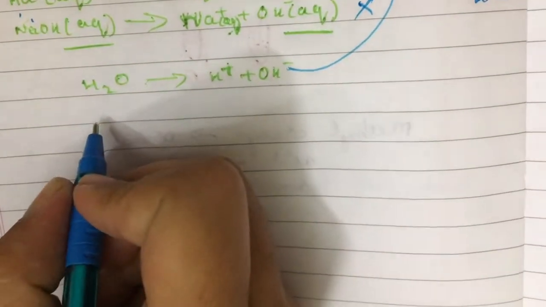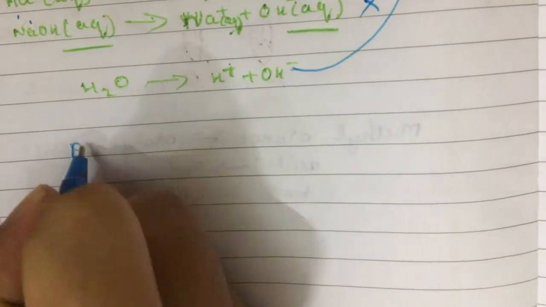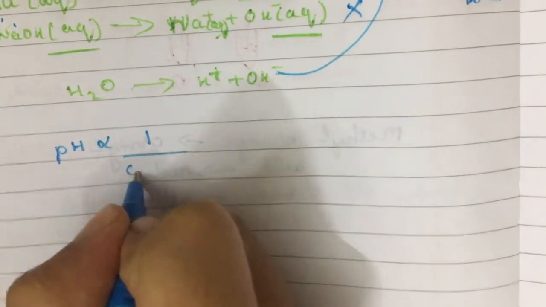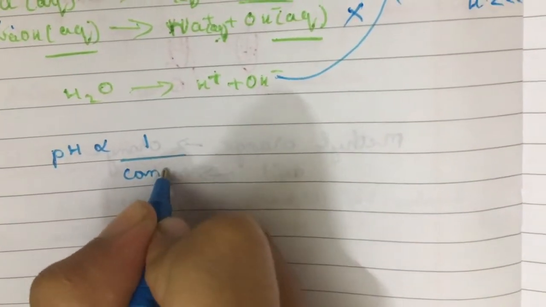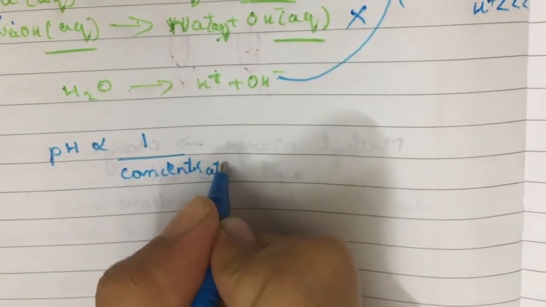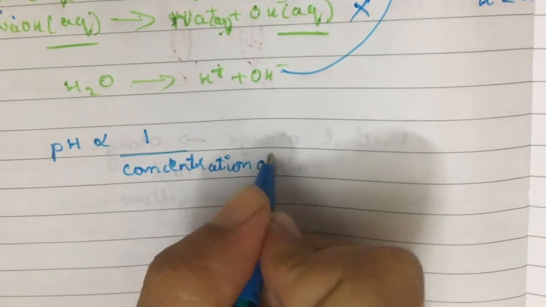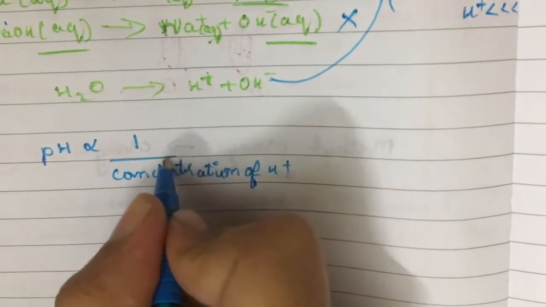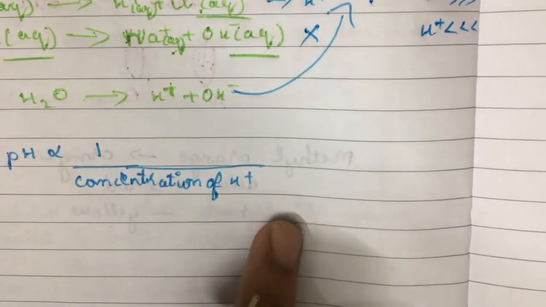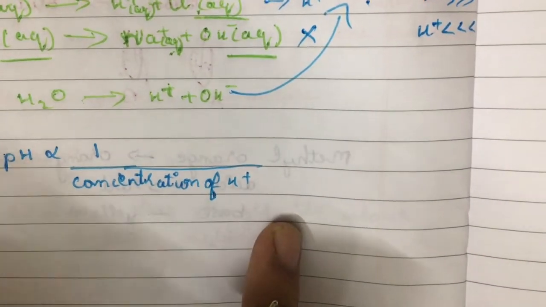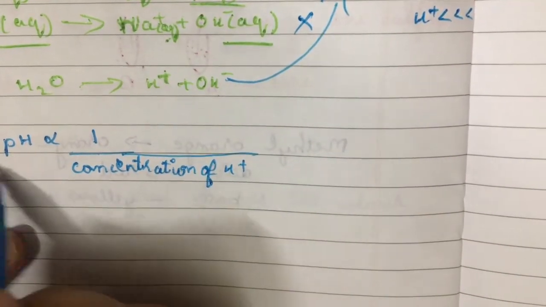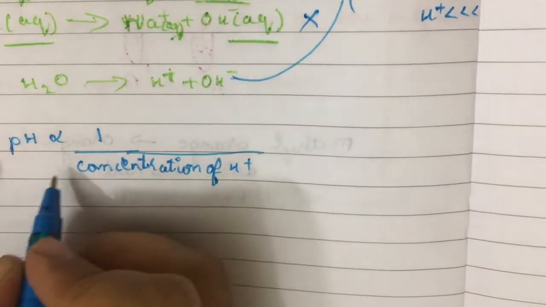And so we can define pH, or the potential of hydrogen ion, as inversely proportional to the concentration of H plus. As the concentration of H plus ions increases, the pH decreases. So this is inversely proportional.